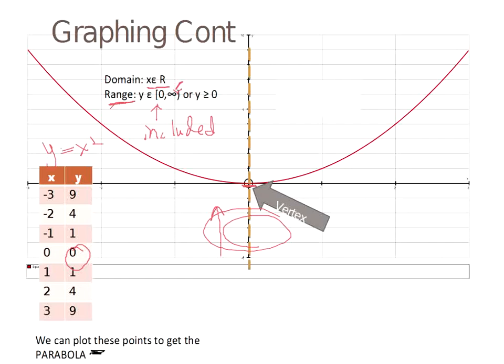It's not included. Now this type of notation here is called interval notation, and that's the kind that I'll use. You may also use this kind, which just simply says y is greater than or equal to 0. And that might seem simpler, but it's not as useful later on in other math courses.